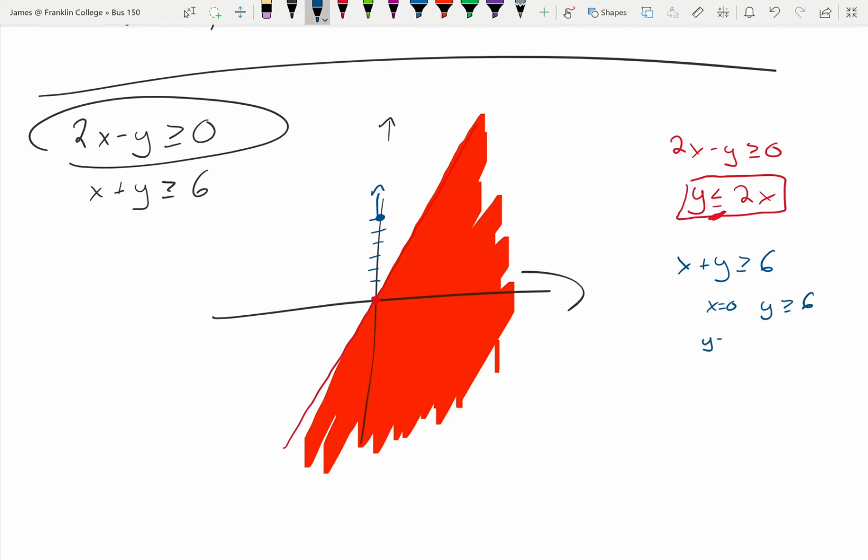And then when y equals 0, then we know that x is greater than or equal to 6. So 1, 2, 3, 4, 5, 6, that is our x-intercept. We're going to draw a solid line through both our points. Let's imagine that's a straight line for my sake. And then we're going to shade in the respective area.